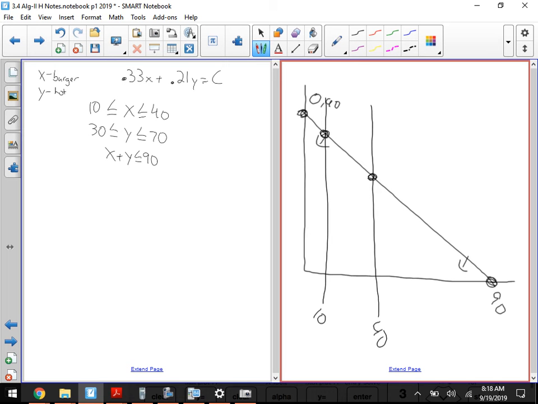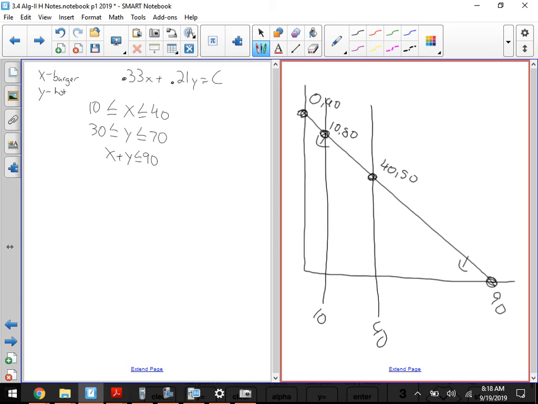So if the X value is 40 when it hits the line X plus Y is 90, what would Y have to be? 50. Now if the 10 hits that line, it would be, okay, it's in between those values.